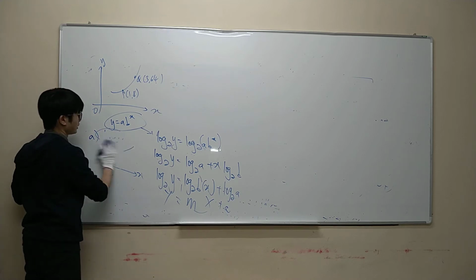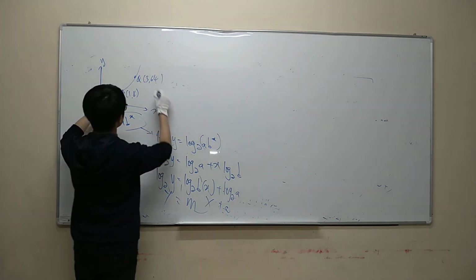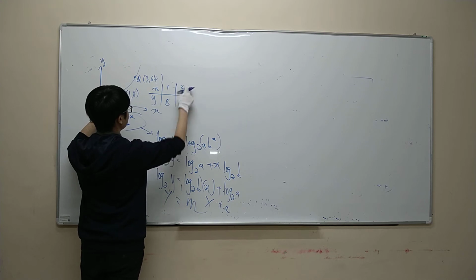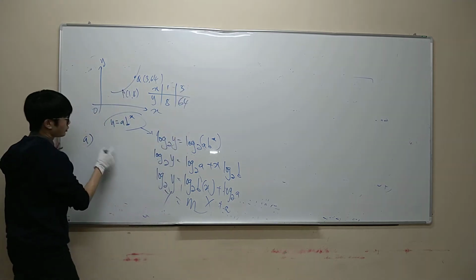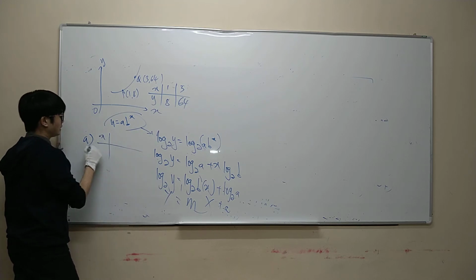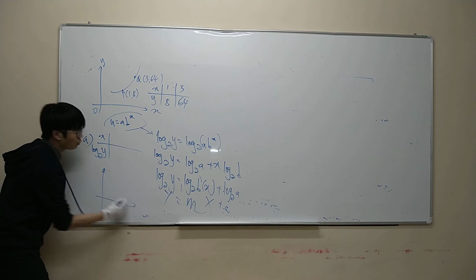So how? The table looks like this: 1, 8, 3, 64. But this is for the curve one. So you need to form a new table using x and log y base 2. Do you understand? Because now your y-axis is no longer y.